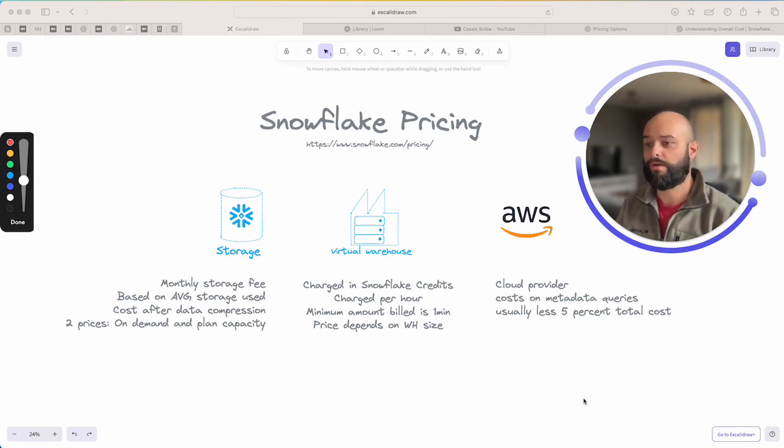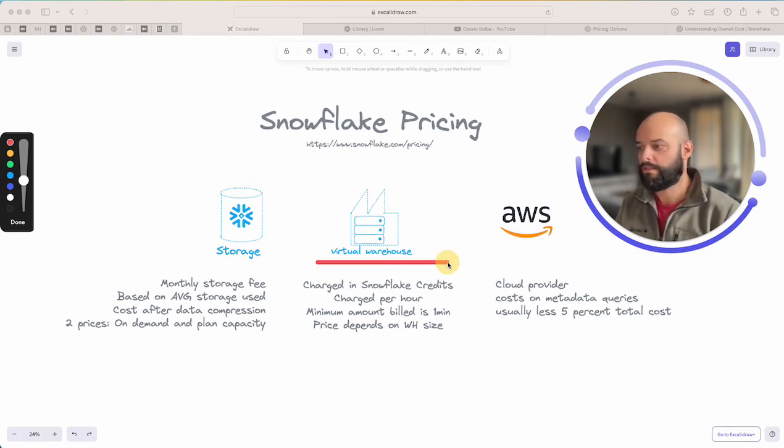So if it's more than that, you're probably having a problem with your metadata, and someone is querying a lot of metadata and creating complex queries with metadata. That's basically it, okay? And this cost is totally handled by Snowflake, and then you can see it on your Snowflake instance, okay?